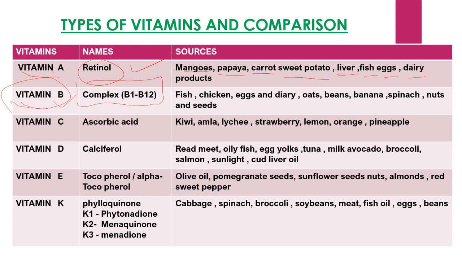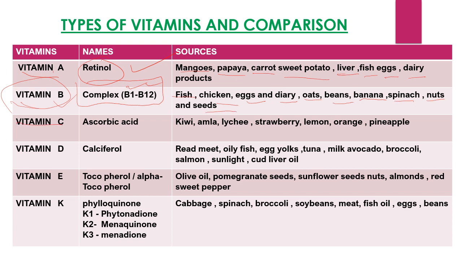Vitamin B complex ranges from B1 to B12. Its sources are fish, chicken, eggs, dairy, oats, beans, banana, spinach, nuts, and seeds.